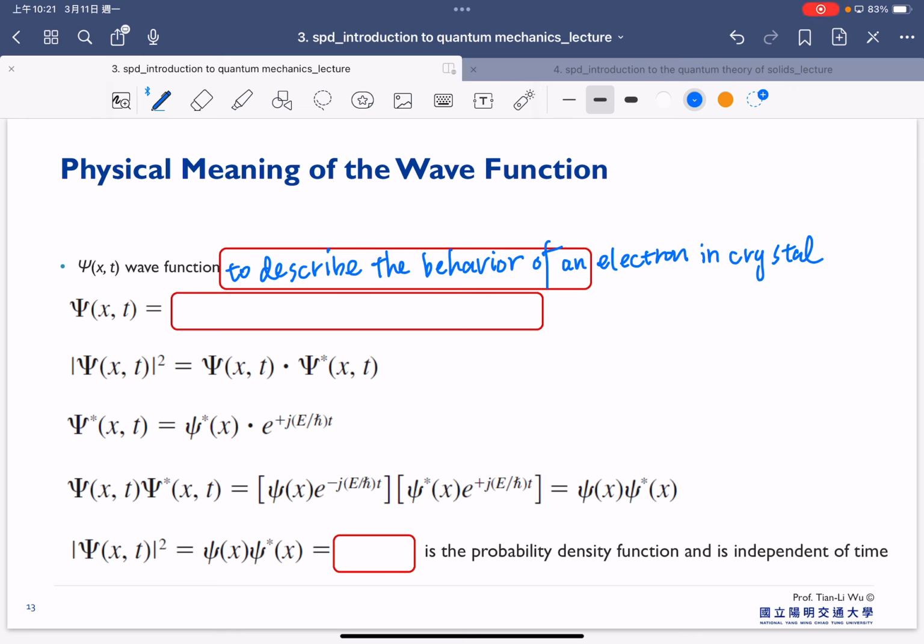As previously shown, phi(x,t) can be written as this one, and this will also return exponential minus j E t over h-bar.